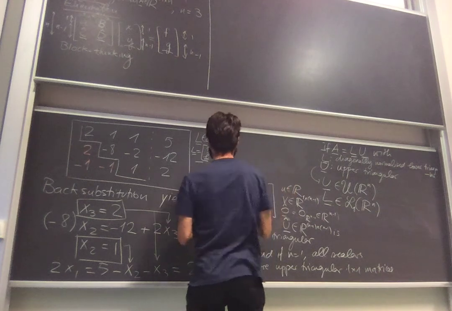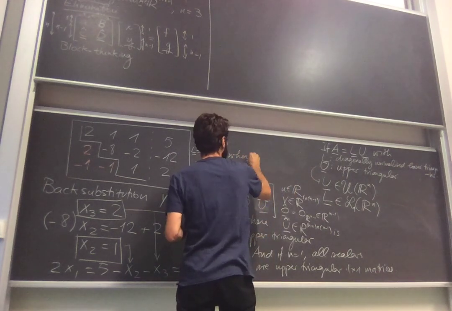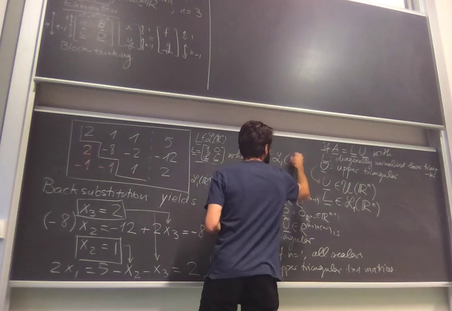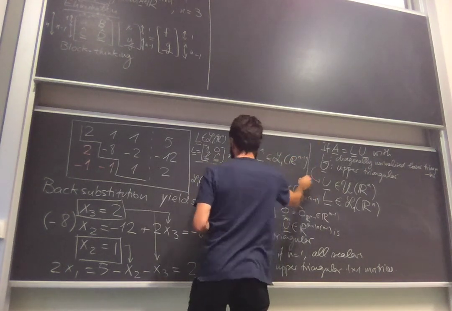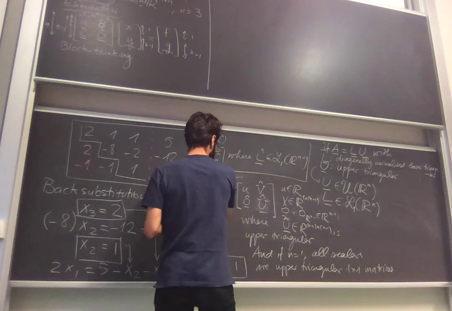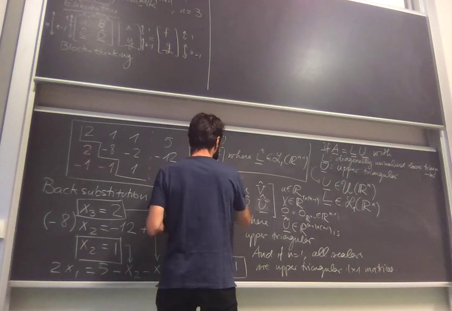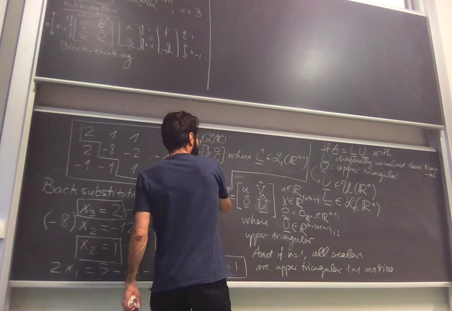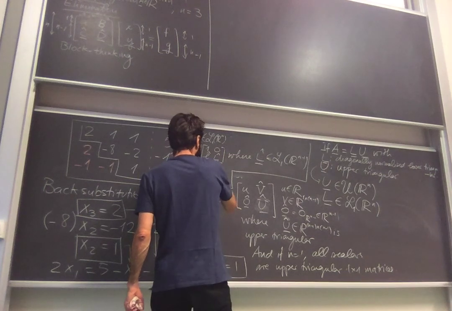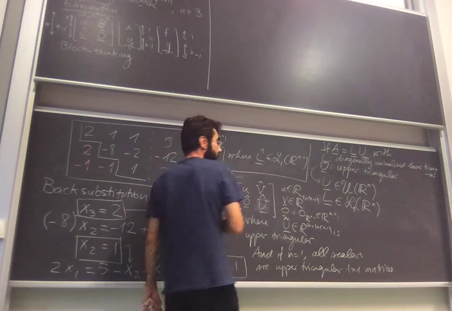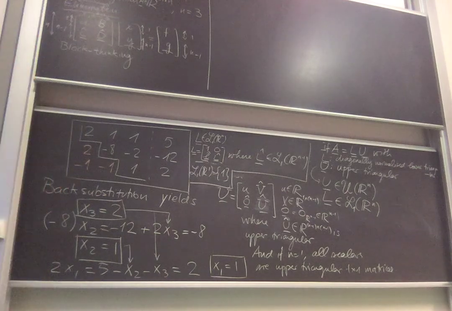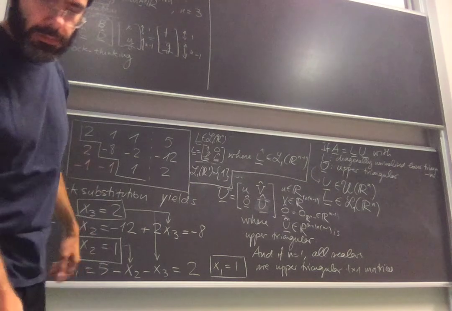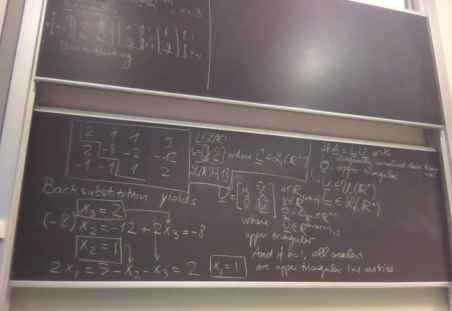Okay, so where L belongs to L1 R. And here I have N1 R1 equals 1. So here you go. This is the definition. It takes us a bit of time to do it, but it's worth doing because it gets us in a kind of block and recursive mood.